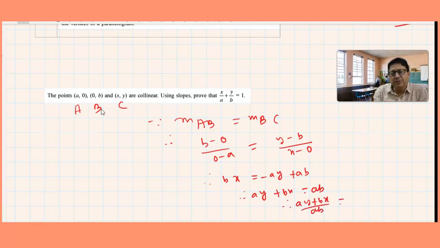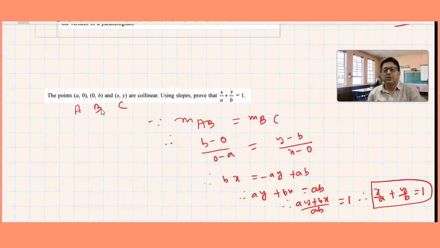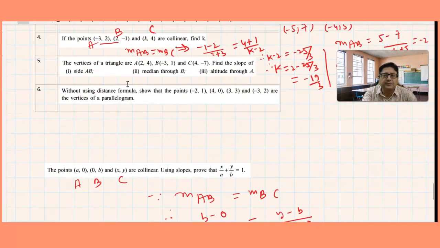By AB equal to 1. So X by A plus Y by B is going to be equal to 1. This way we can use the concept of slope to prove collinearity of 3 points.